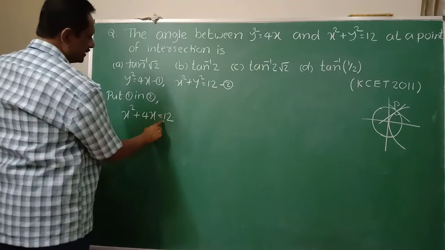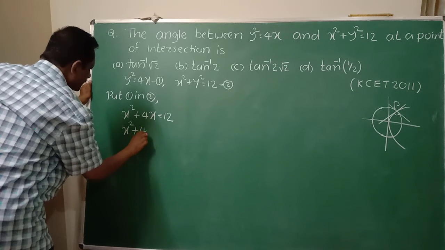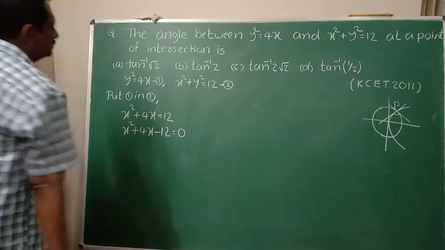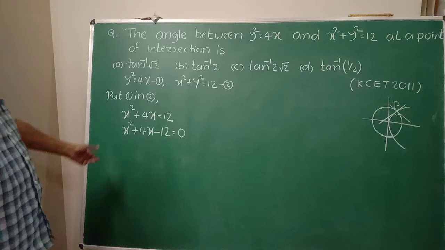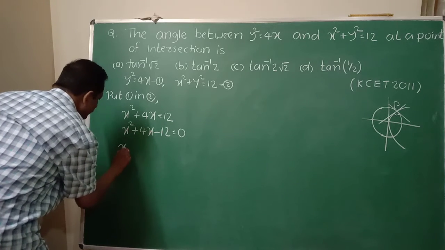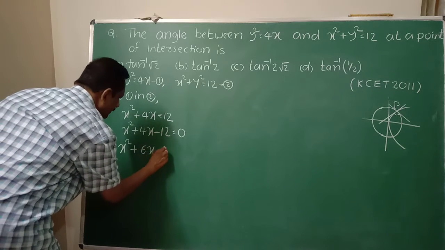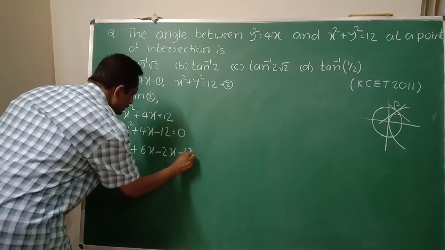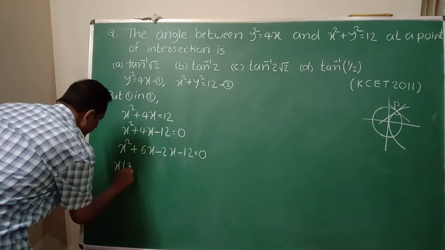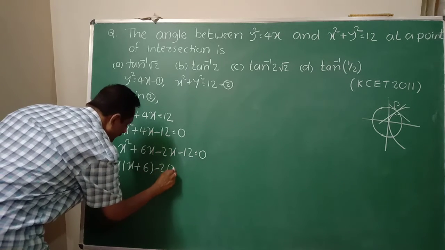RHS 12 is there. So write it 12. Take left side here. x square plus 4x minus 12 is equal to 0 here. So quadratic equation here, two numbers are 6 and 2 here. So x square plus 6x minus 2x minus 12 equal to 0 here. x is the common factor here. x plus 6 minus 2 is the common factor.